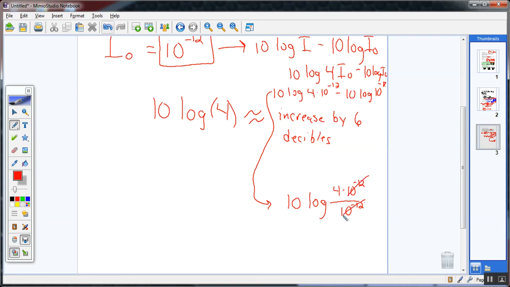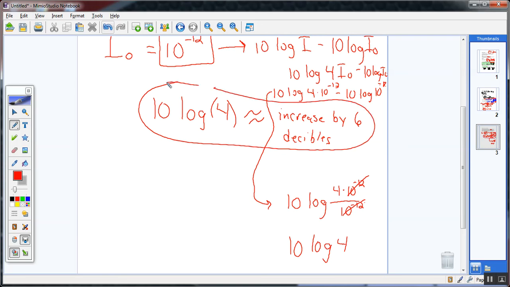So again, this becomes 10 log of what value, which is about how many decibels? That's a tough problem, okay? You got to understand that I is really 4 times the initial value because you're trying to quadruple that, okay?